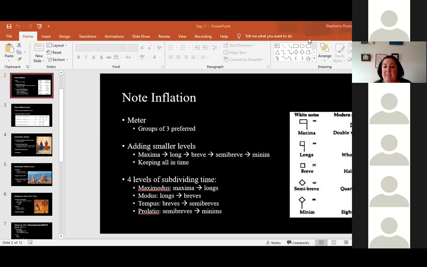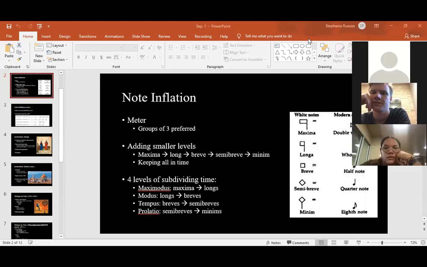Tempus is the number of beats in a measure. Time equals measure. Then we've got prolatio, or prolation, the division of semi-breves into minims. That would be the equivalent of the modern beat. So does everyone understand the difference between tempus and prolatio, time and prolation? If you don't, please ask questions.